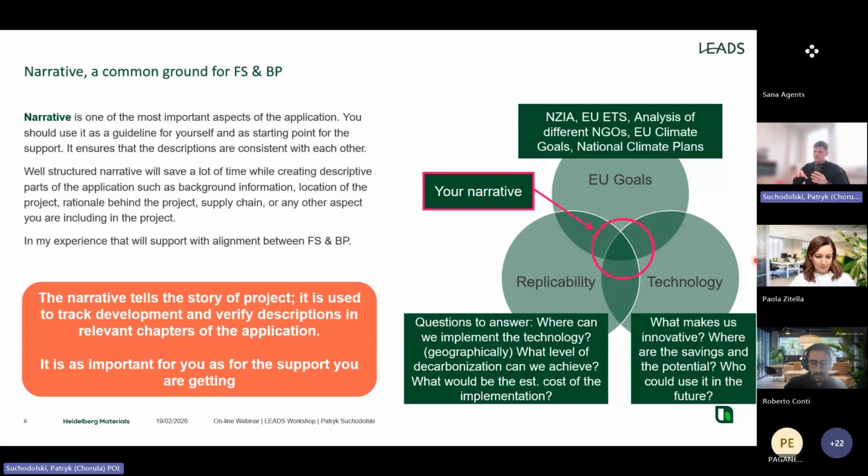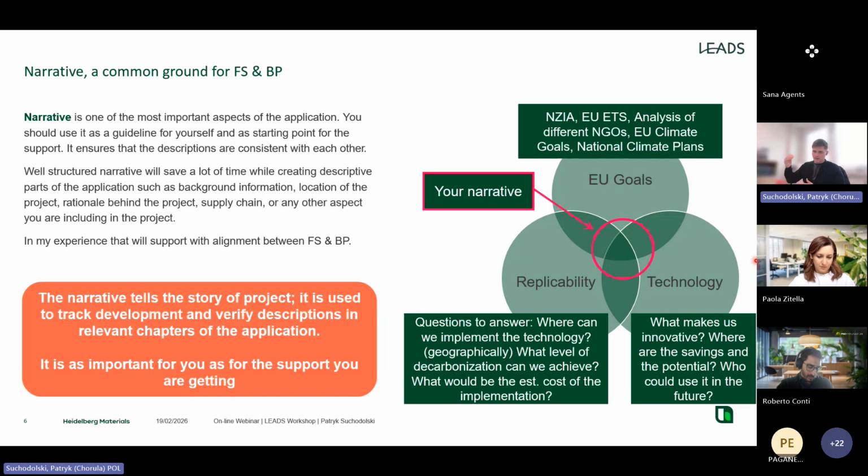A good narrative consists, in my opinion, of three aspects. It covers the EU goals, so it describes how you fit into all the regulation and the decarbonization goals of the European Union. Maybe you can also touch upon your national climate plans and how it will fit into these.